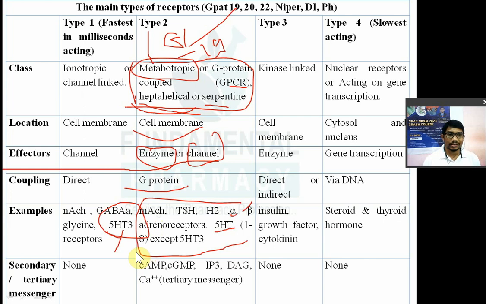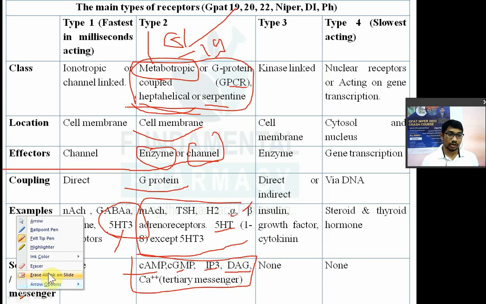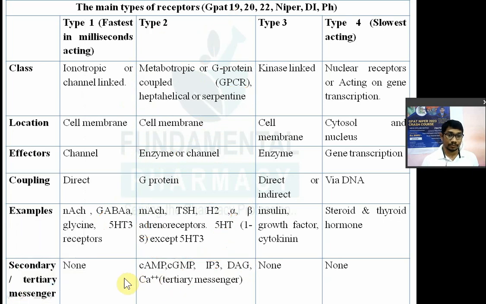Now what are the secondary messengers in the GPCR? Secondary messengers कौन है इसमें? क्वेश्चन आ चुका है, लास्ट ईयर भी आया. तो साइक्लिक AMP, साइक्लिक GMP, IP3 मतलब inositol 3 phosphate, DAG डाइअसाइल ग्लिसरॉल. So they are known as the secondary messengers for G protein coupled receptor.